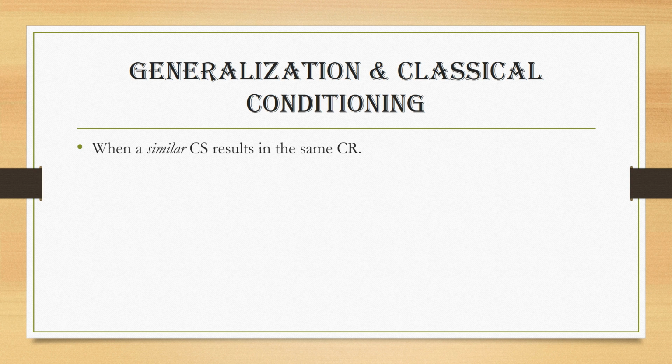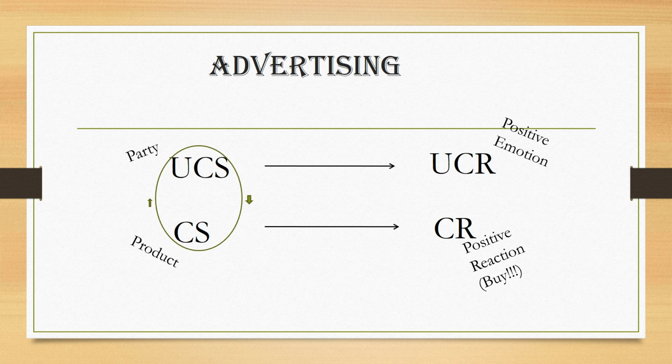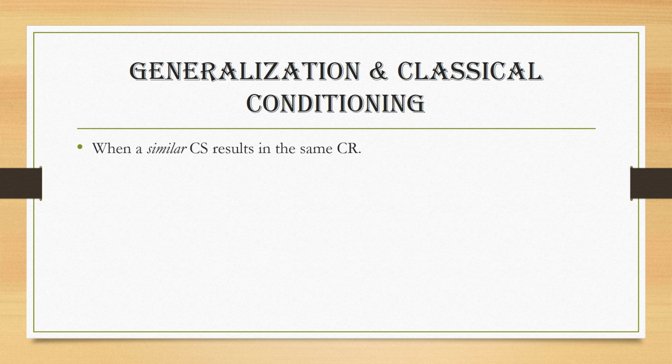Let me go back to the prior slide and say, if instead of the Bud Light product with your beer, a competitor has a similar type of beer, and they too put it in a can that looks the same and the same shape and so forth. If a similar conditioned stimulus, a similar product, can result in the same reaction, that you buy the other product instead, we call that generalization.